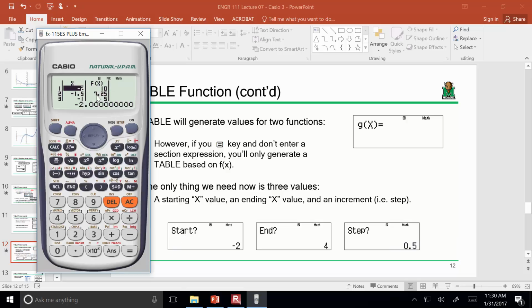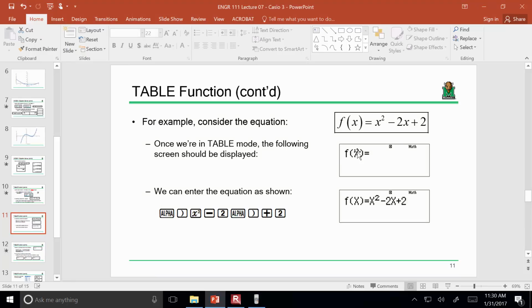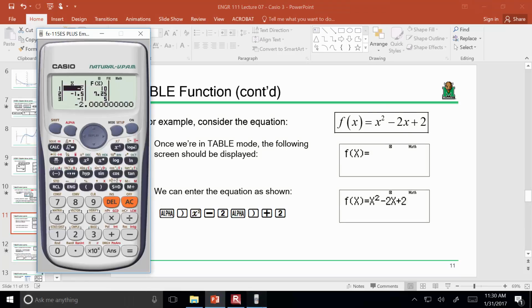Then this next column is the f of x, which is the result of -2 being substituted into the equation that we had. If you substitute -2 into that, the table is telling us that f of x is 10. Remember how we skipped over a g of x field? Well, here's some blank space in the calculator. If we had given it a secondary function, then it would be displaying the results of the g of x in that area.